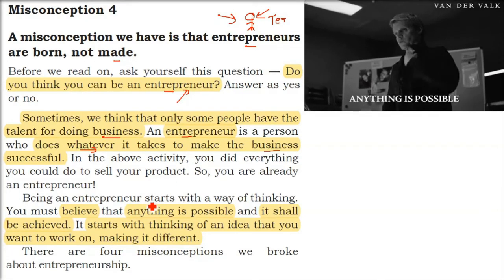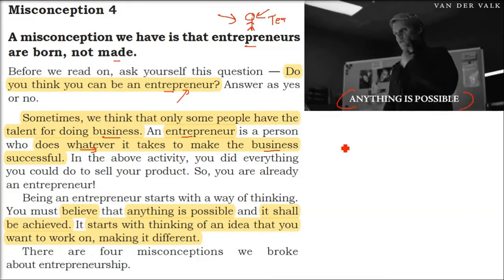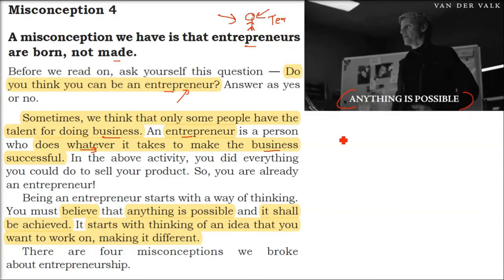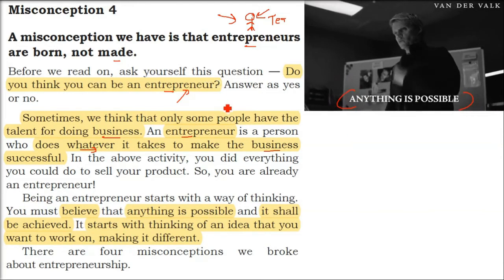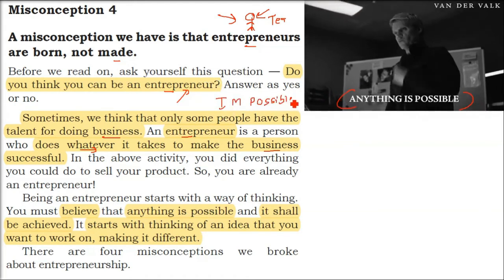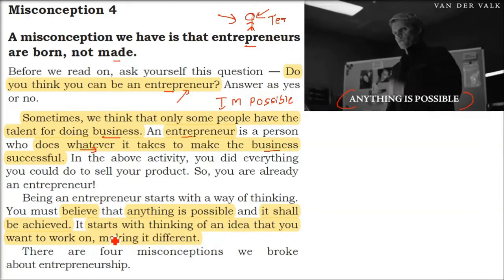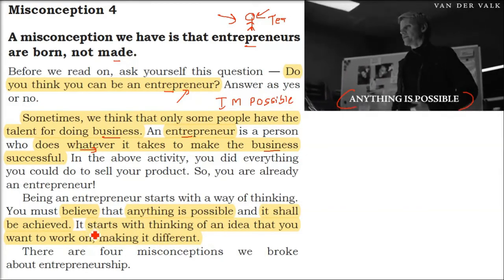So you have to decide, you have to believe, you have to have that determination that anything is possible. Nothing is impossible. Even the word impossible is saying I am possible. So it can be achieved by anyone, you, me, whoever wants it.